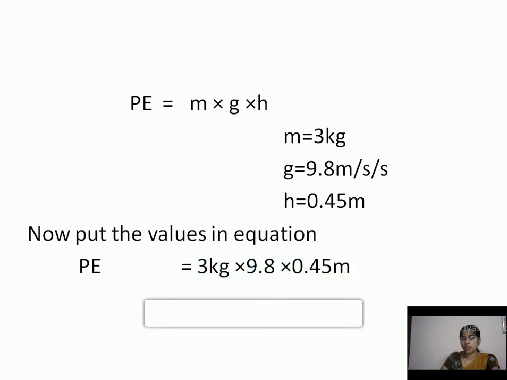PE equals 3 kg multiplied by 9.8 multiplied by 0.45 meters. What answer will you get? Yes, 13.2 joules. Do you understand this? How to calculate the potential energy? Okay, so thank you.